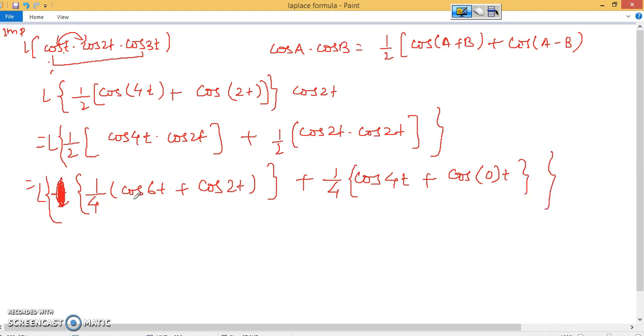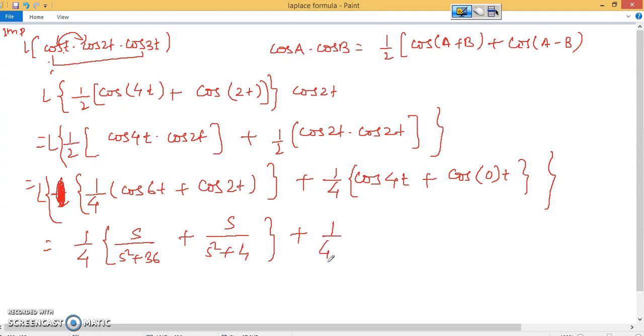Okay, so this one Laplace you have to find. You already converted this one into the compound angle form. So 1 by 4 cos 6t Laplace is s by s square plus 36. Cos 2t Laplace is s by s square plus 4.